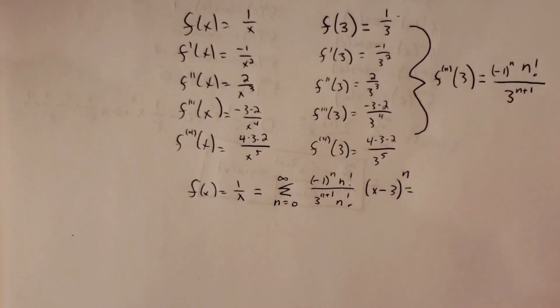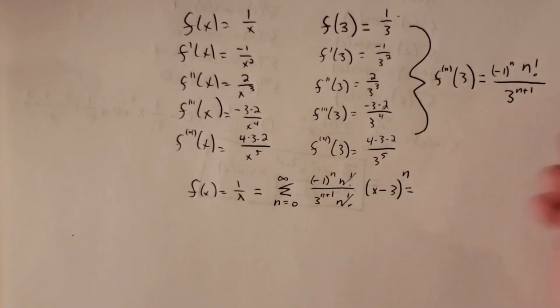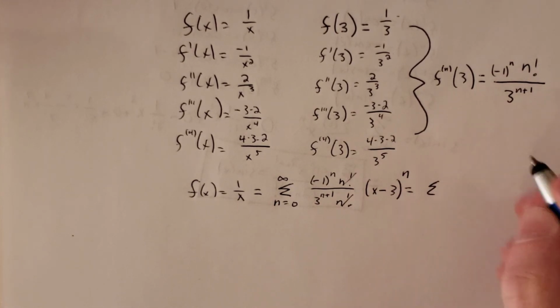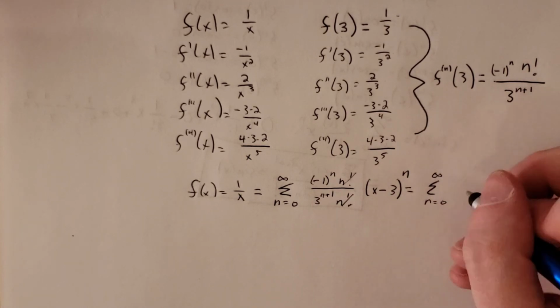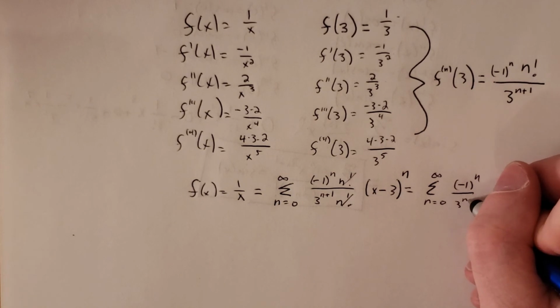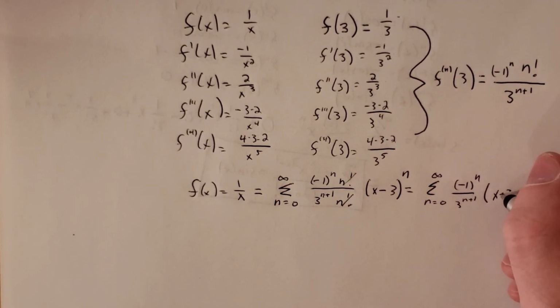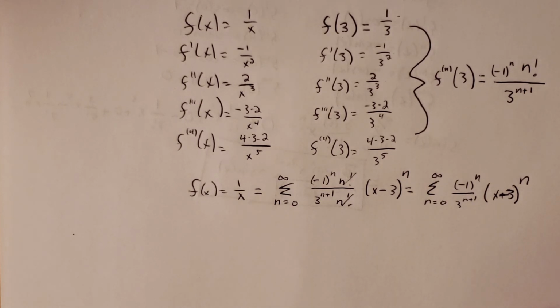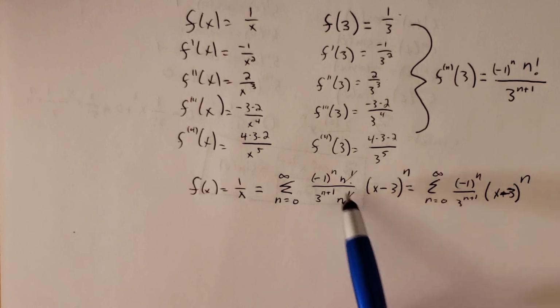All right. And what do we notice? Well, these n factorials cancel. And so we end up with the series from n equals 0 to infinity of negative 1 to the n all over 3 to the n plus 1 times x minus 3 to the nth power, right? It's x minus a to the nth power. And recall again, we do get n factorial in that denominator.